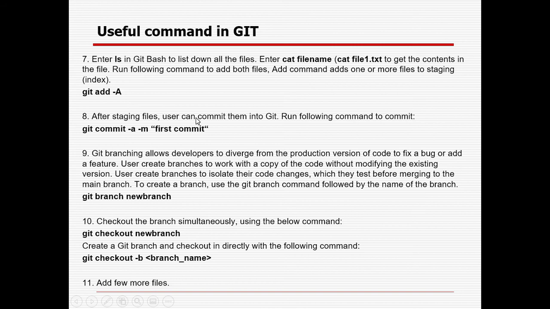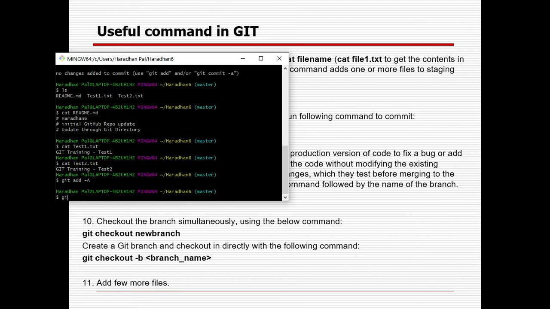And now from the staging index, in case a lot of files are there, I want to commit them and store them in my local repository. So you have to commit them, right? So git commit -a -m, and then the commit message in double quotes. So first commit. So git commit -a -m and then a space and the commit message.